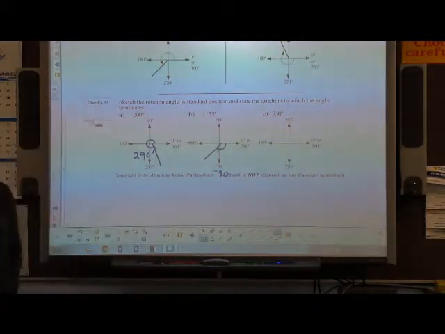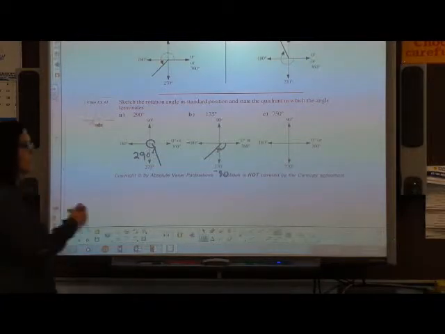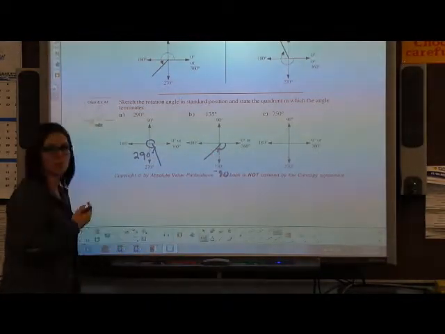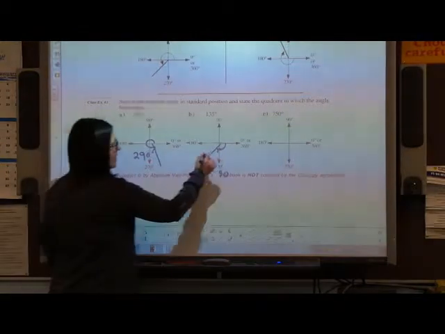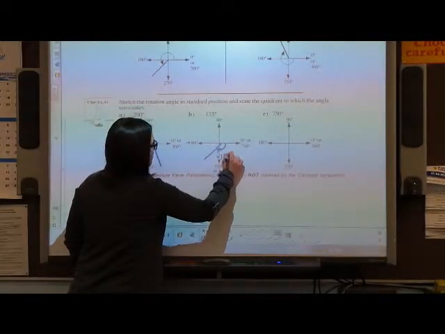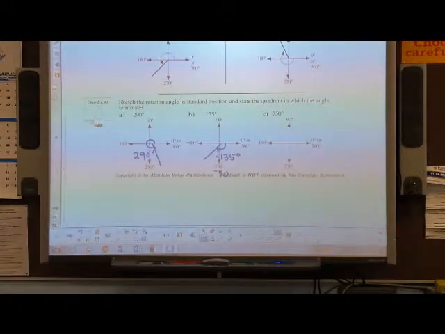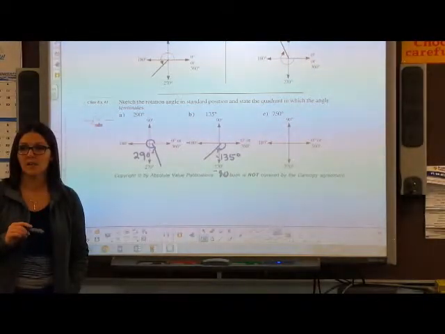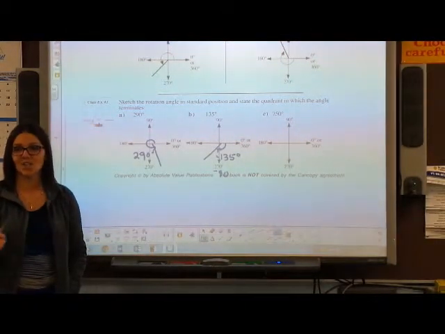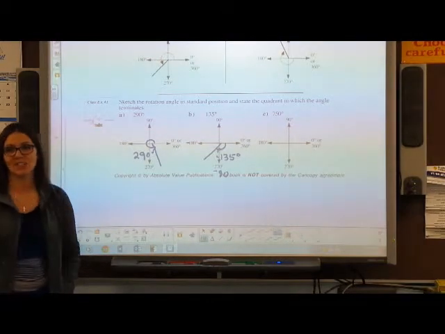Then I would draw an arrow just so that I know which way I'm rotating. That's the purpose for the arrow, it tells which way I'm doing my rotation. And then I label it negative 135 degrees. The degree symbol is important because in this chapter we start using angle measurements other than degrees. We start measuring in radians, so we do need to differentiate between the two. That's what the degree symbol is for.